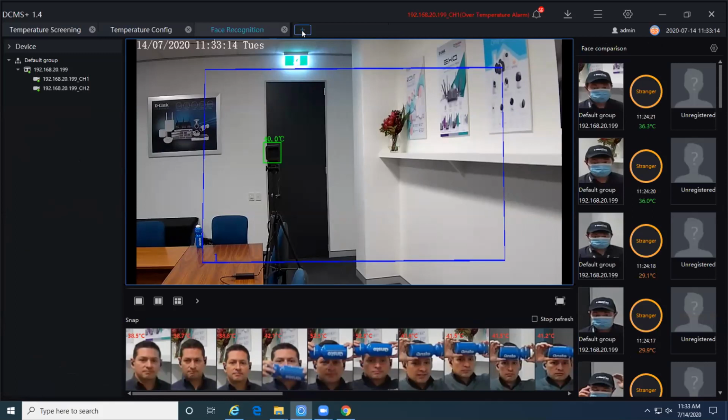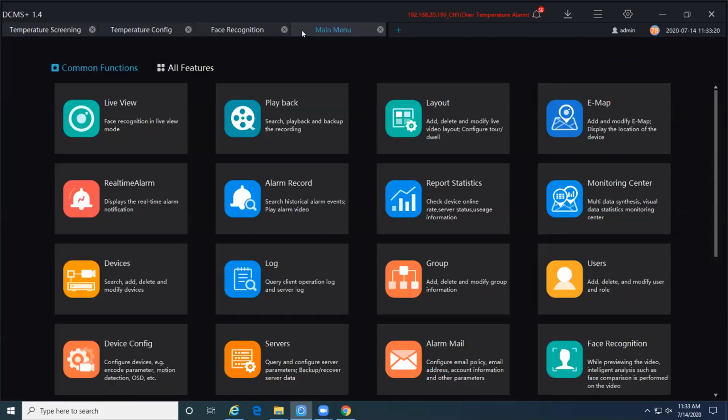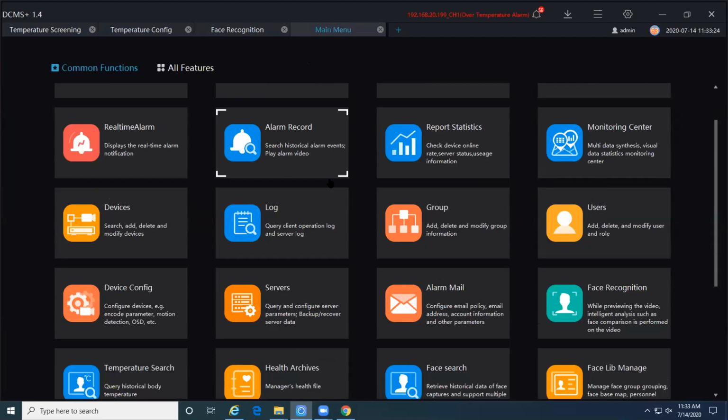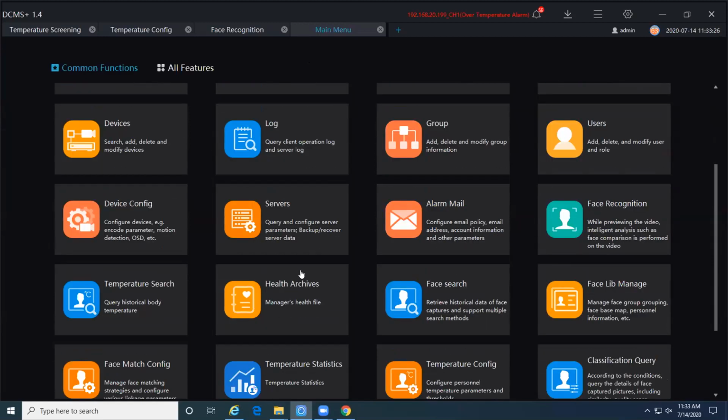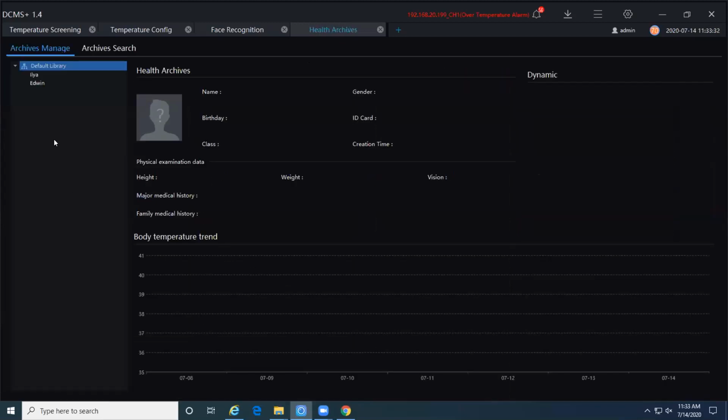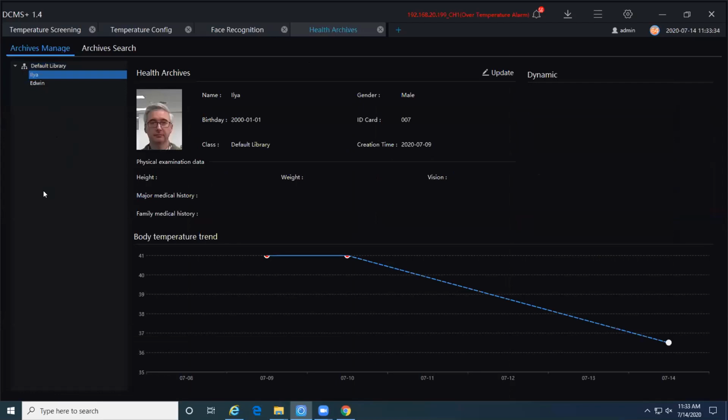The software which we supply for free with this solution actually offers quite a lot of features, not just temperature measurement. As you can see, there are a lot of options in here. One thing I wanted to show you is the health archives. It is quite a useful feature if, for example, you want to see the history of a specific person. So this is me.